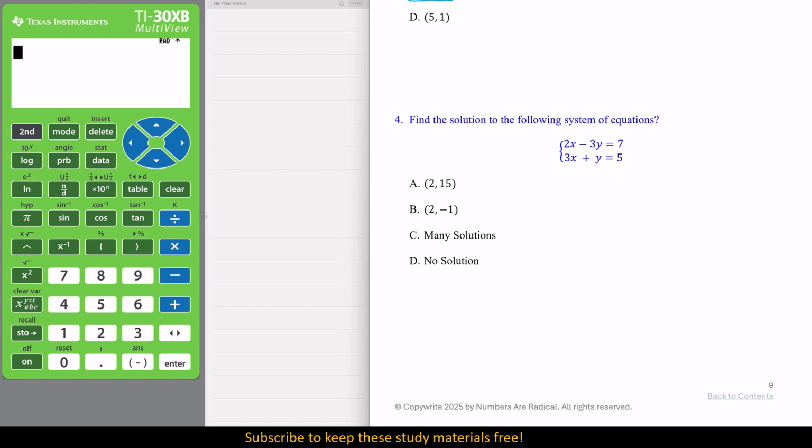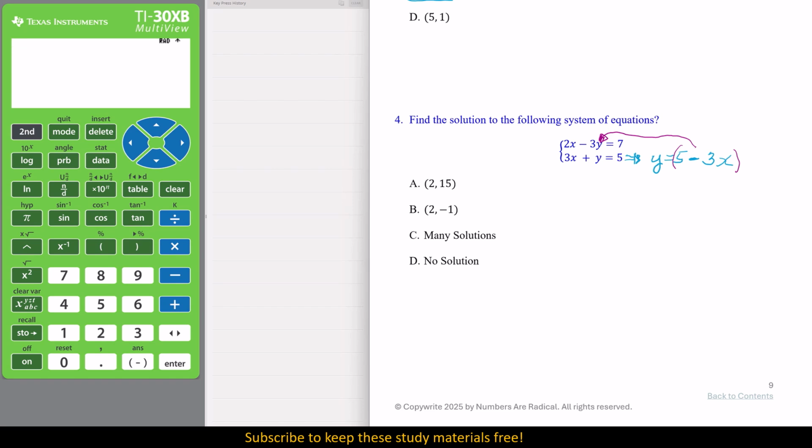Well, I would take this second equation, because it's a little more simple, and create my y-intercept form by just subtracting 3x on both sides. So that gives me a solid expression to put right back in for y into the first equation.